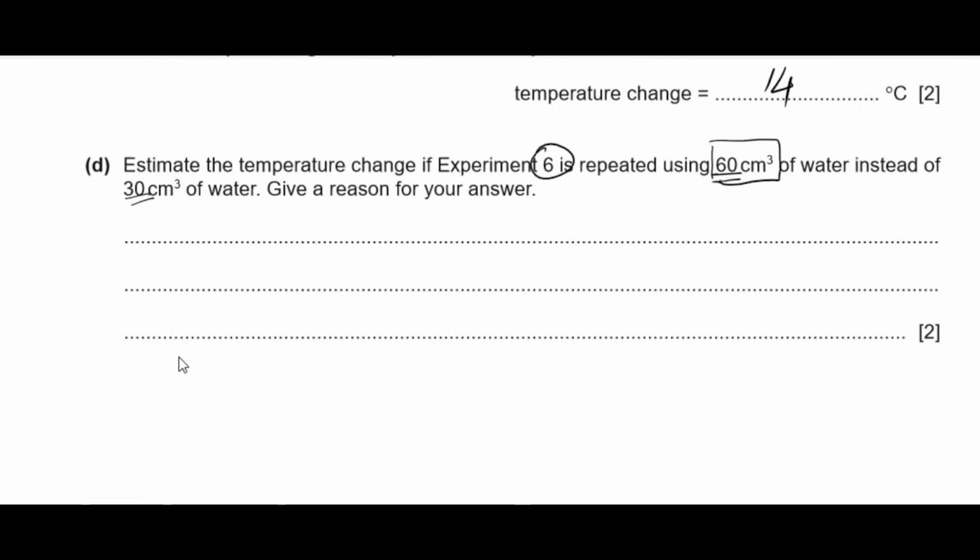As we have doubled the water, the temperature would be halved. As increasing the water would decrease the temperature, and we have actually doubled the water, so the temperature would reduce to half. So we can write that double the volume, half the temperature.